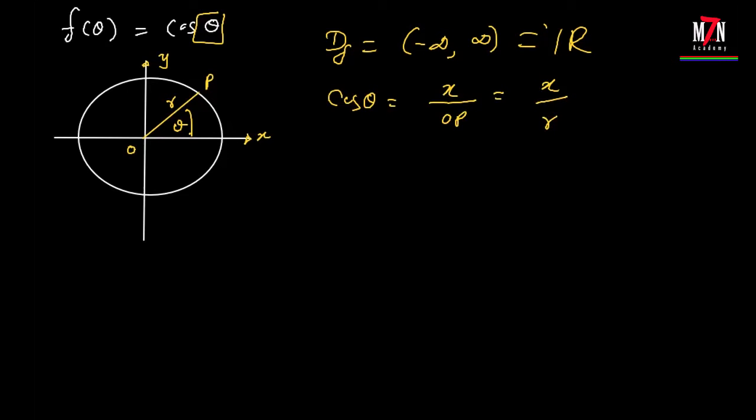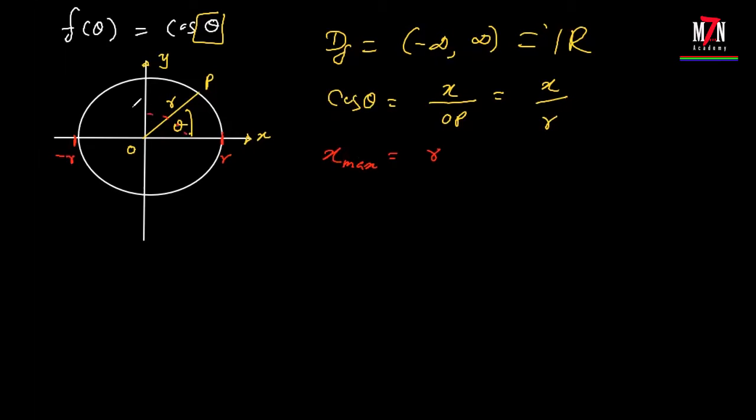What is the maximum for the x value and the minimum for the x value? X max equals plus r, and x minimum equals minus r.